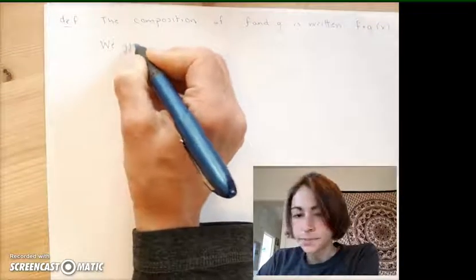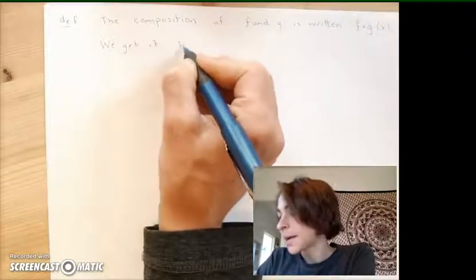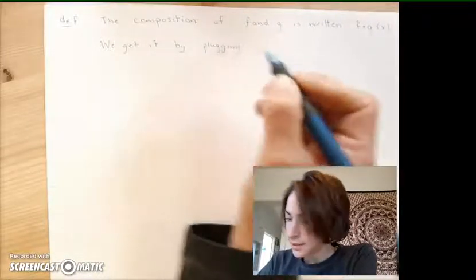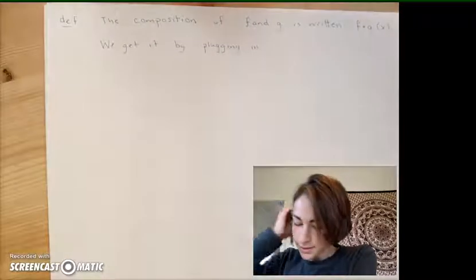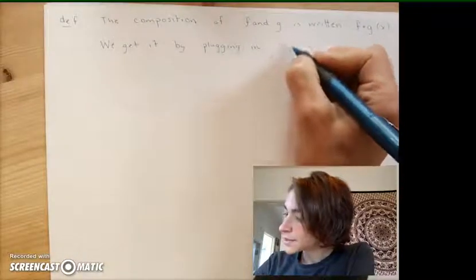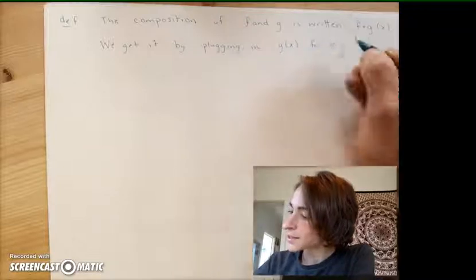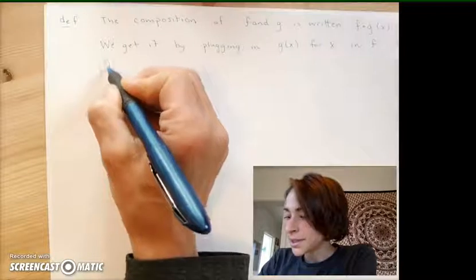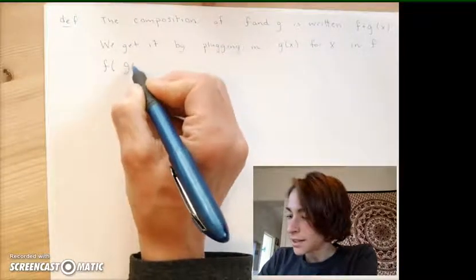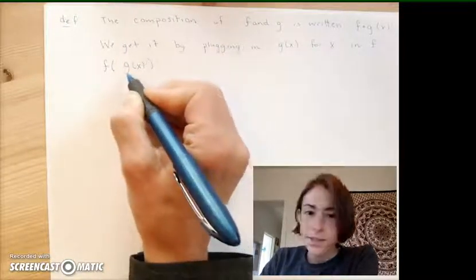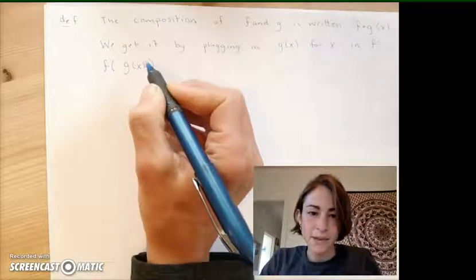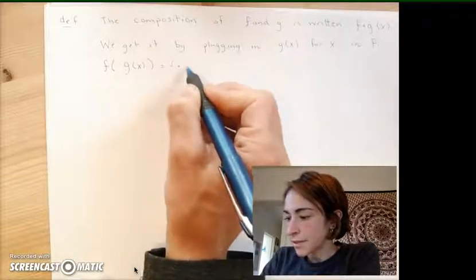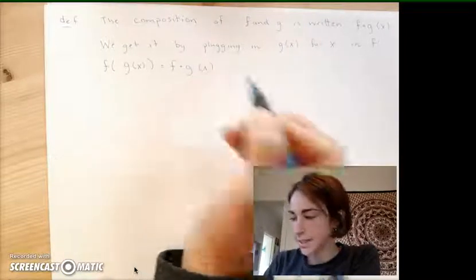We get it by plugging in g of x for x in f. This sounds a little confusing, but the notation is like this: f of g of x. So instead of having x inside the parentheses, we have this whole g of x, and this is the same as f little circle g of x.